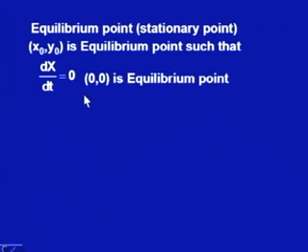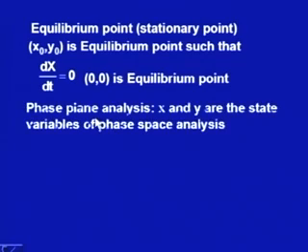Now, Ax is a homogeneous system, and this homogeneous system will always have (0, 0) as a solution. So, (0, 0) is an equilibrium point. There may be other equilibrium points possible for this dynamical system.